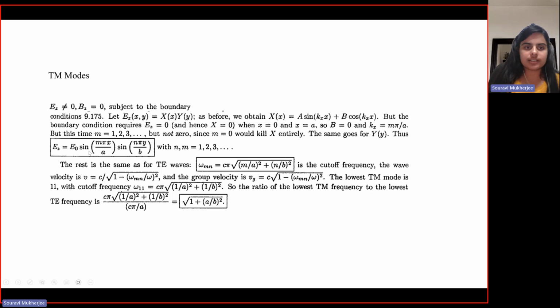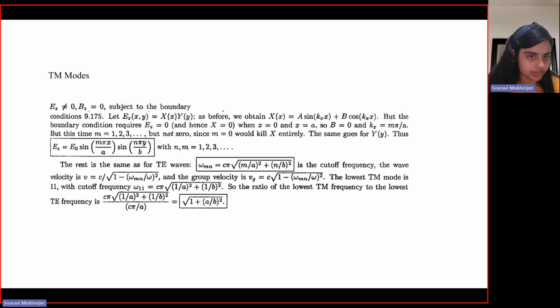So here, as you can see, there's a difference, right? Initially, for the last case, you had cos terms for TE modes, and there your m and n started from 0. Here, if you start m and n from 0, that means the entire Ez component will go to 0 because sine 0 is 0, right? So for TM modes, the smallest mode, or the first mode, starts from n and m being 1.